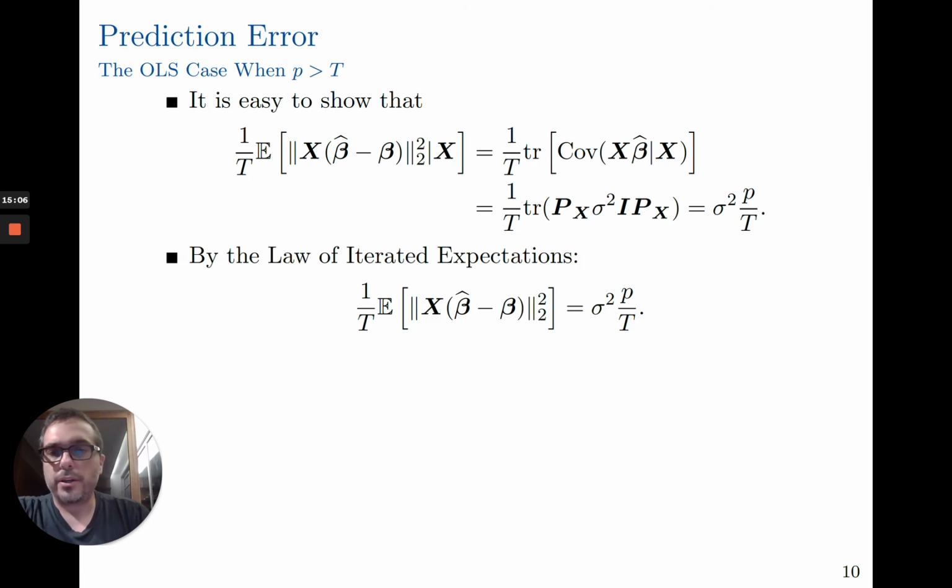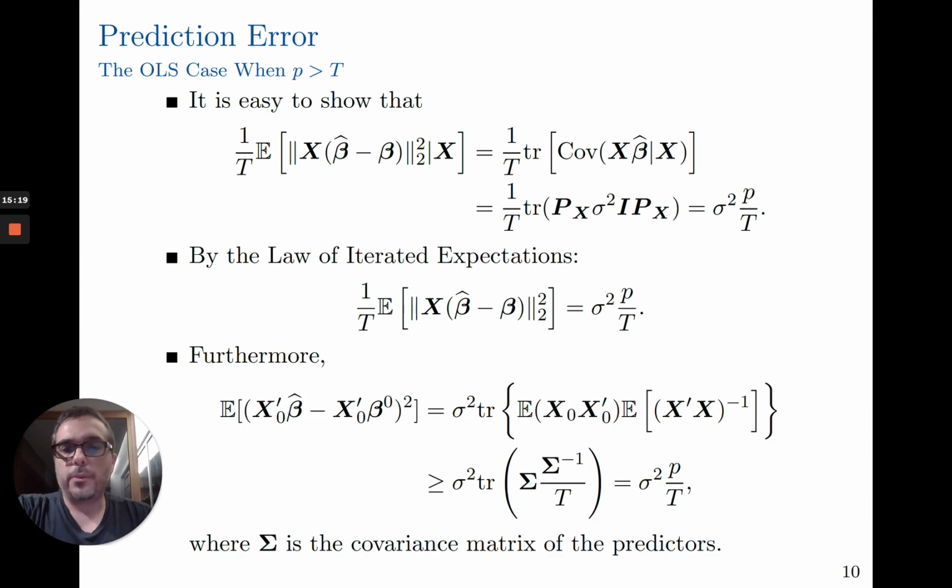We can use the law of iterated expectations to compute the unconditional expectation, and we can also do the same thing for the out-of-sample prediction.